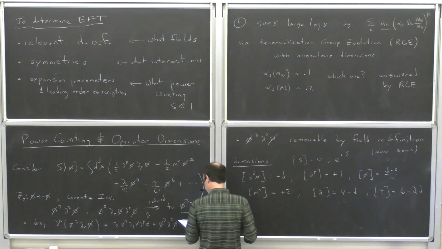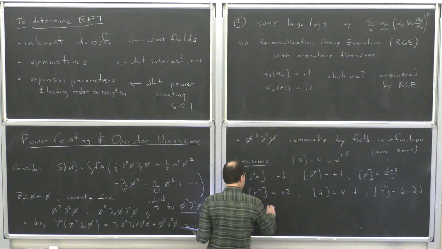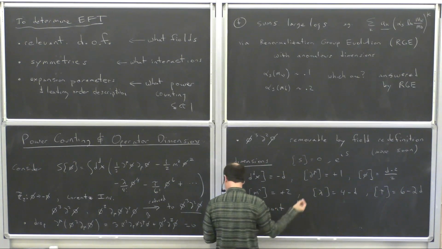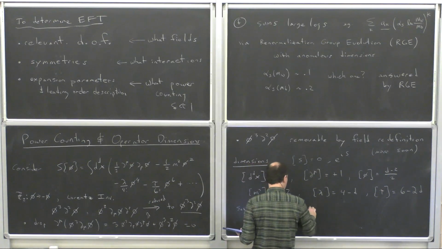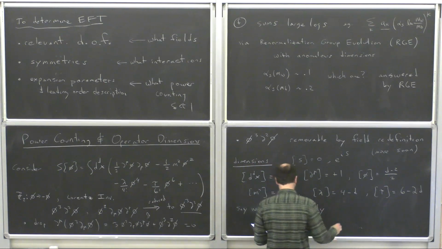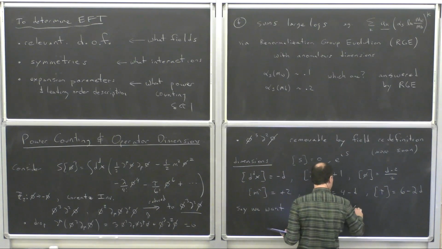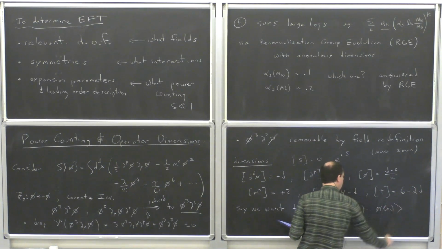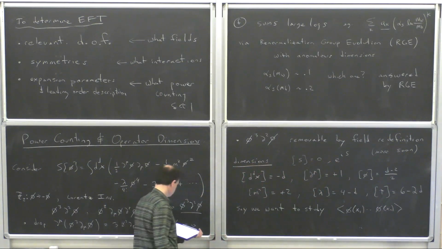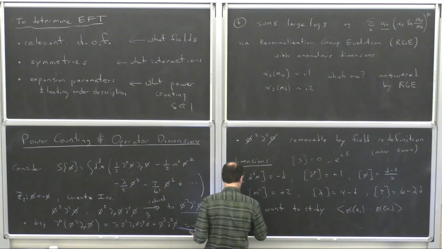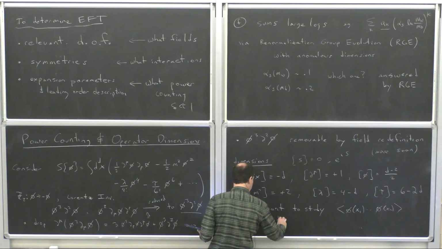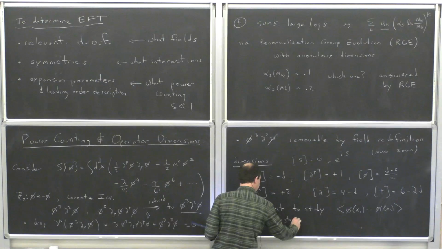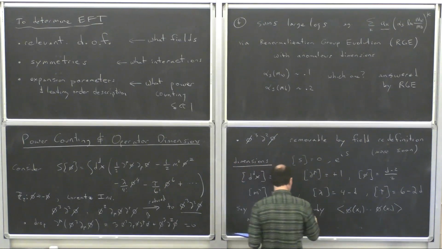And more explicitly, let's say we want to study a correlation function of scalar fields, phi at some positions x1 up to xn, at large x's. Long distances. Small momenta.